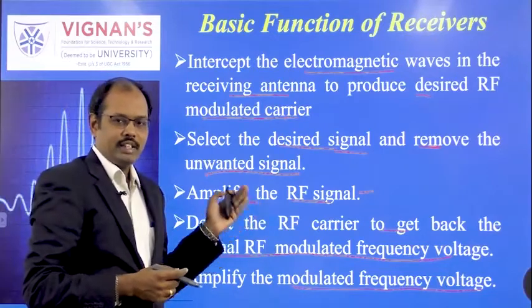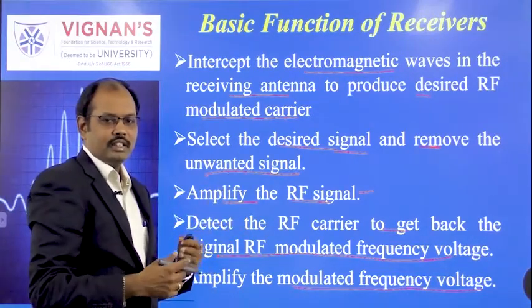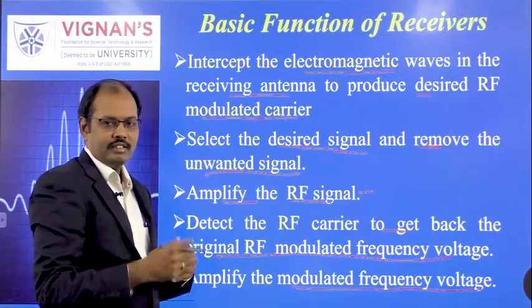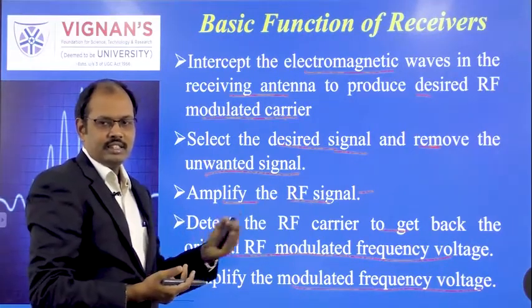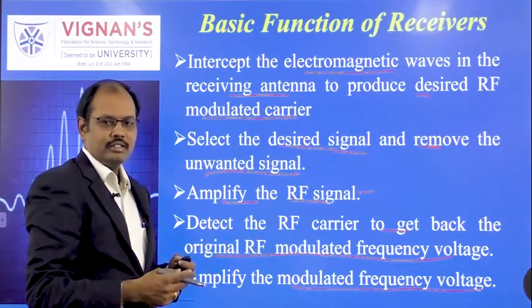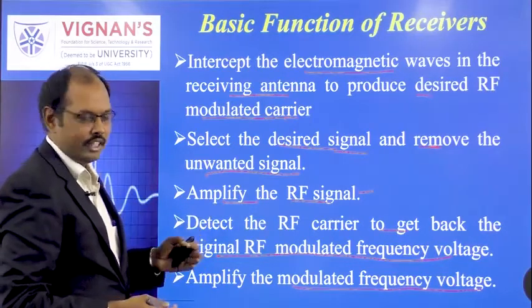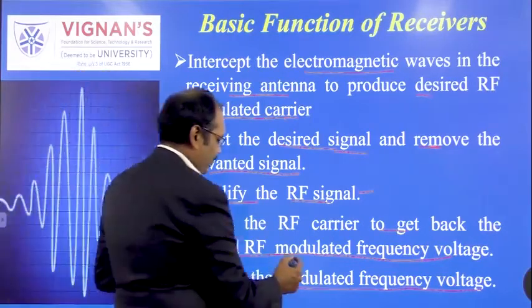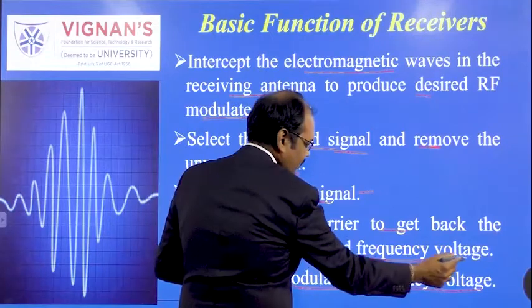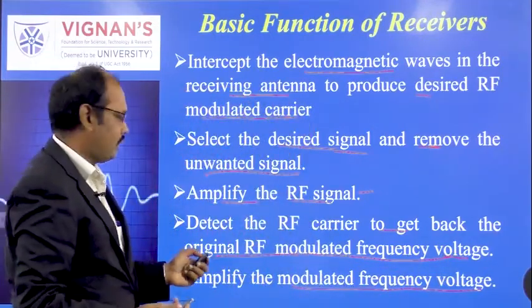At the transmitter we discussed that depending upon the input voltage, the reactance changes, which in turn changes the carrier frequency according to the amplitude of the message signal. At the receiver, once again you have to get the RF modulated frequency voltage, amplify it, and get back the original message signal.